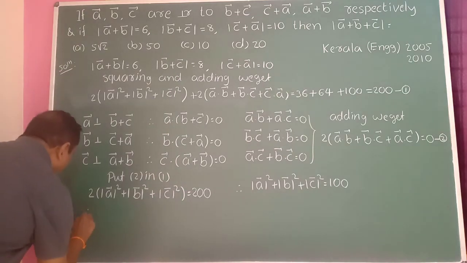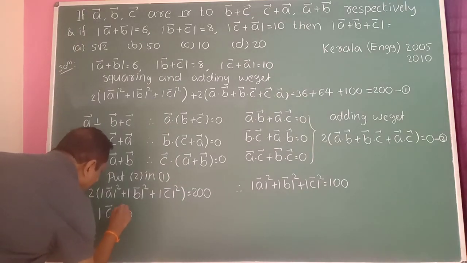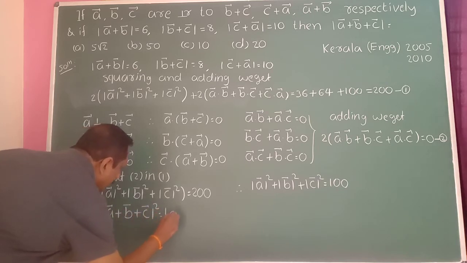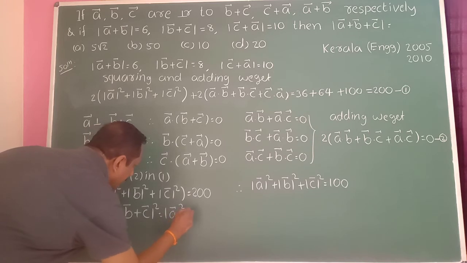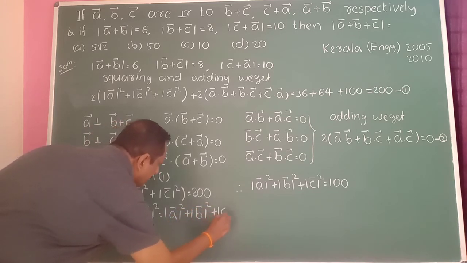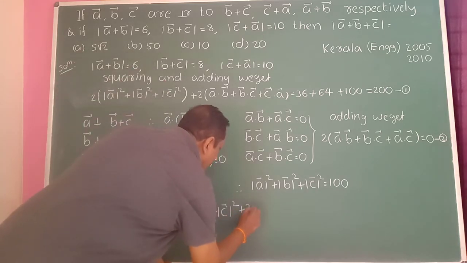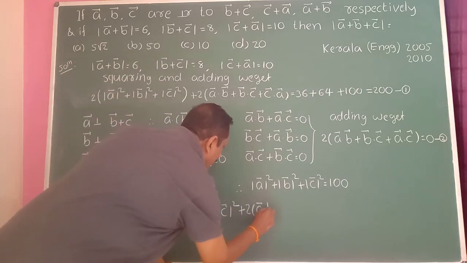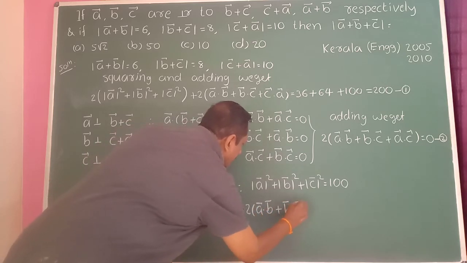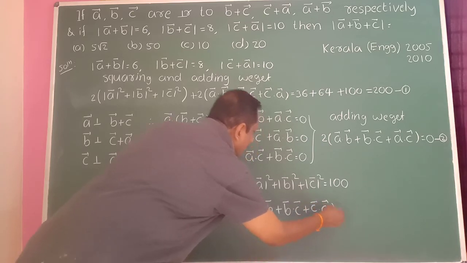Therefore, modulus of a bar plus b bar plus c bar, its square is equal to modulus of a bar square plus modulus of b bar square plus modulus of c bar square plus 2 times a bar dot b bar plus b bar dot c bar plus c bar dot a bar.